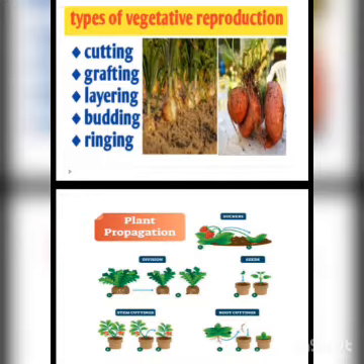You can also see in the figure the first step: cutting of the stem with a few buds, and then put this stem into a pot. After a few days a new plant is formed.